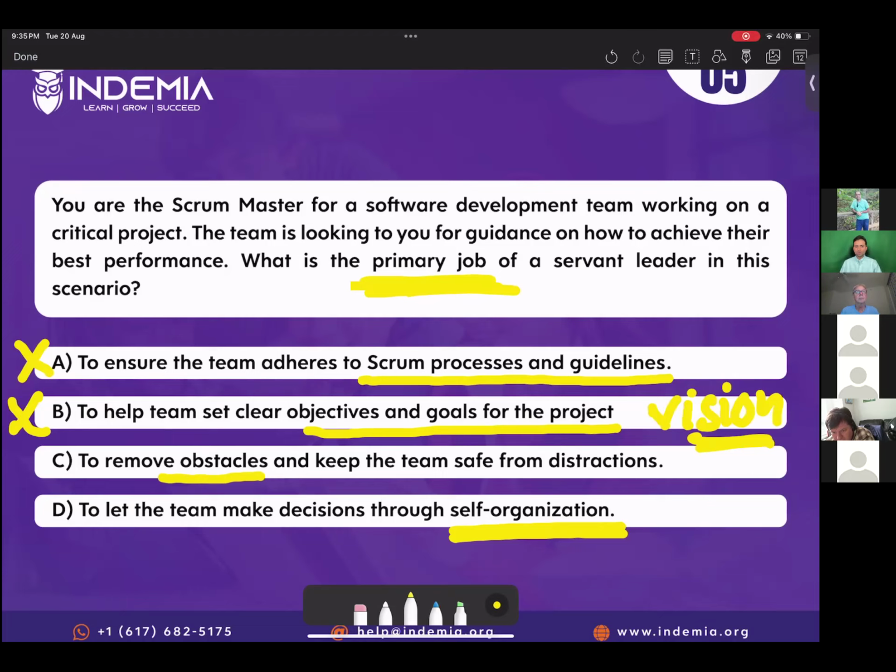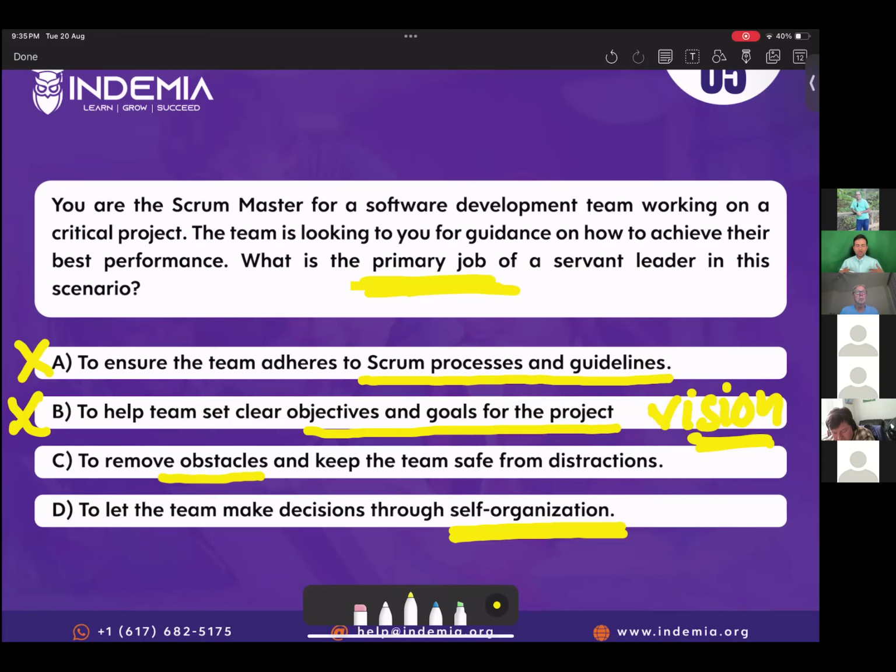That's not the primary job of a servant leader. That's a way to manage self-organized teams or teams in Agile, but that's not the job. So for example, if I'm a servant leader, I'm letting the team do whatever they want, then what exactly would I be doing? You understand, everybody? If everything is being done by the team through self-organization, it means as a servant leader, I have nothing to do.